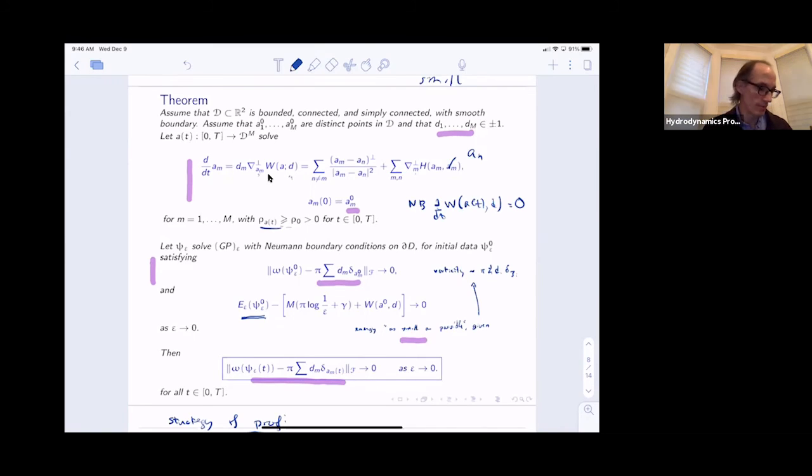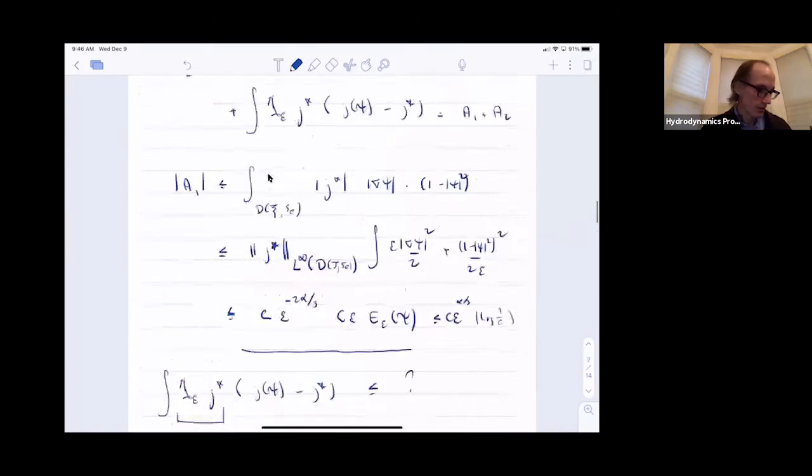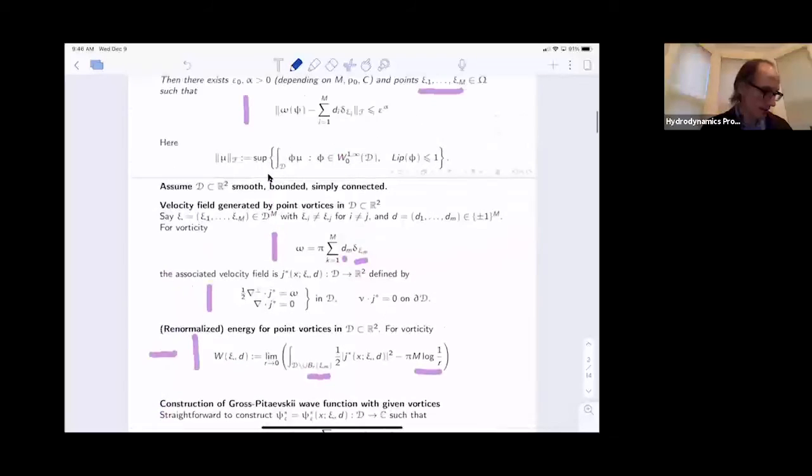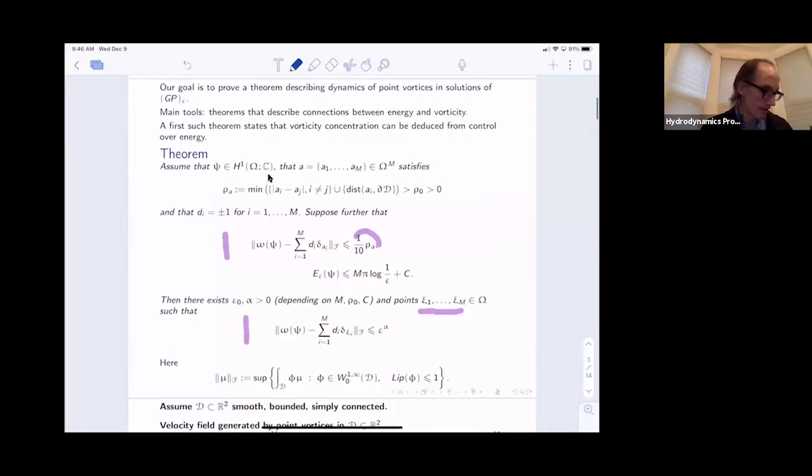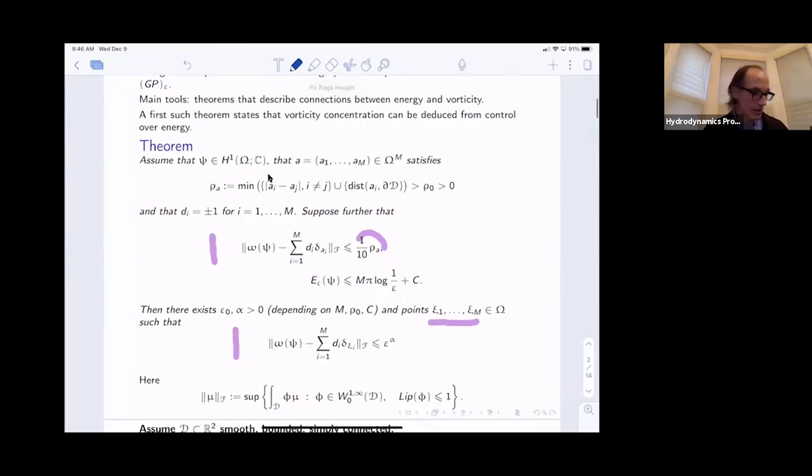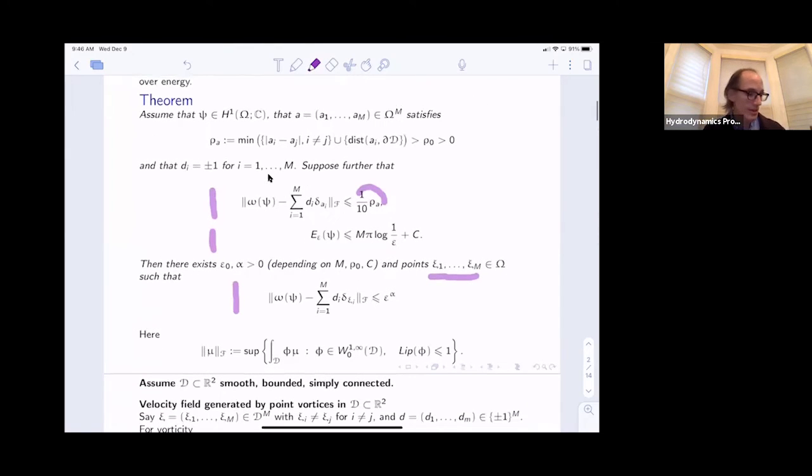And so, okay, what was I looking at? We're looking at this. And so anyway, if this is true at time zero, it'll also be true at later times. So this theorem will be available to us, at least for short times. And among other things, this implies a kind of compactness result.